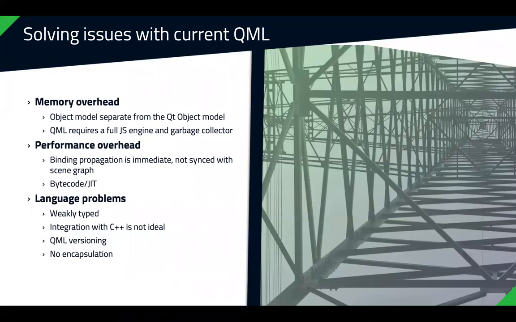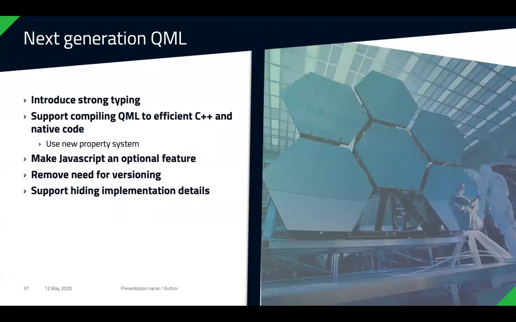Language problems that we saw with large-scale projects are that it's weakly typed and doesn't have ideal integration with C++. The QML versioning also doesn't make it that easy, and you don't have encapsulation, like private things you can keep private inside QML components. So this is something we aim to fix with Qt 6, where we introduce strong typing. We support compiling QML to C++ native code.